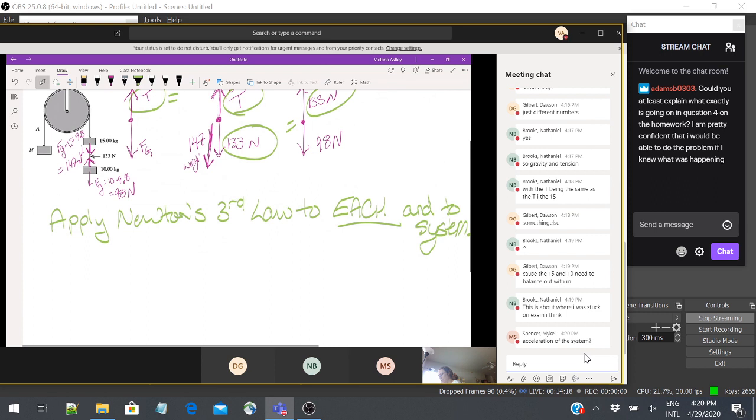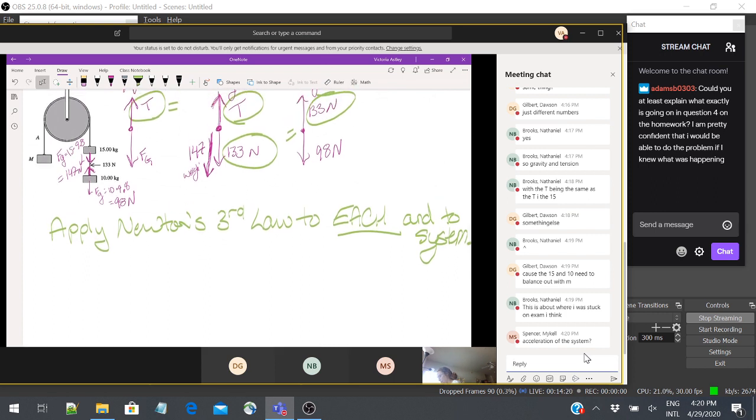For the system as a whole, you have a force of gravity mg trying to pull it sort of counterclockwise. You have 15g and 10g trying to pull it clockwise, and the result of all those forces is going to be our total mass times our actual acceleration.